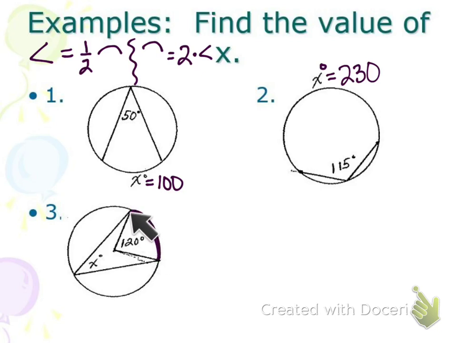So if the central angle here is 120, then the arc is 120. And now we're looking for an inscribed angle. An angle is half the arc, so x equals 60. So that would be our answer. x is equal to 60.